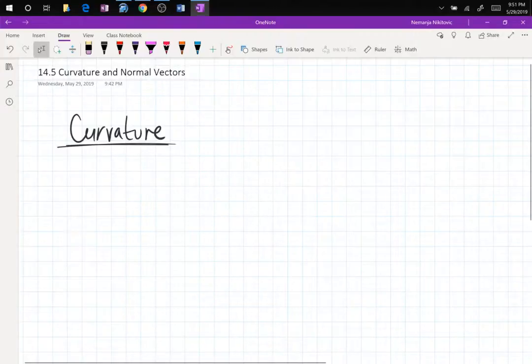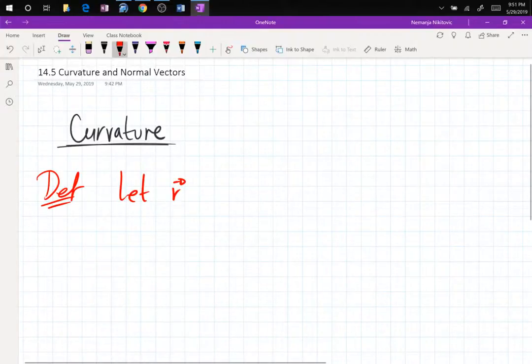So now let's start with the definition of curvature. Let vector R describe a smooth parametricized curve.